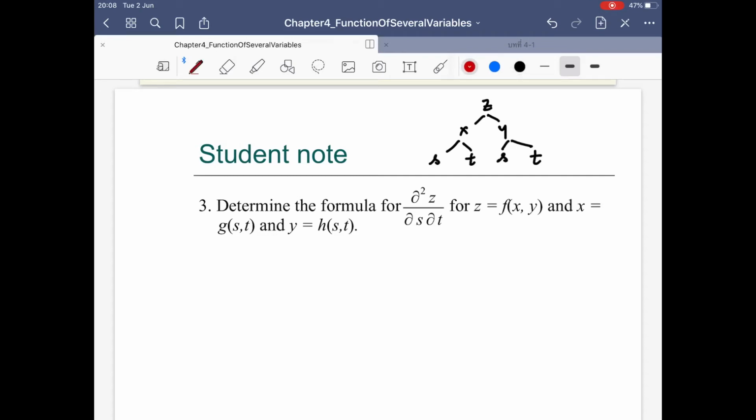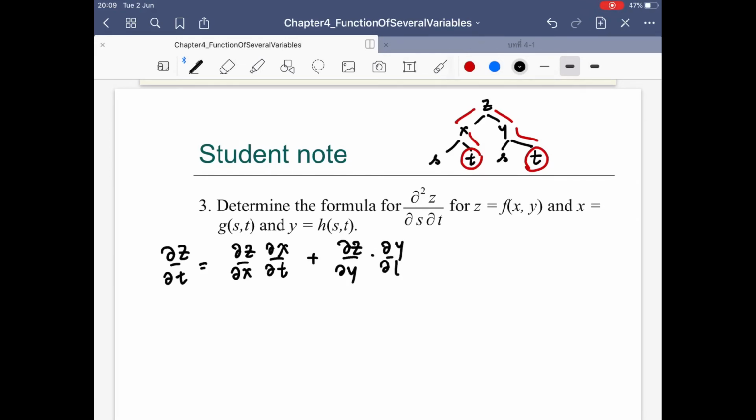So to find a derivative with respect to t, you are going to go through two contributions, either through the x or through the y. So let's look at this one first, dz by dt. It will be dz by dx and then dx by dt, and the other contribution dz by dy and dy by dt.